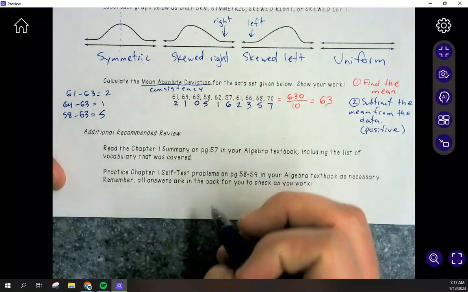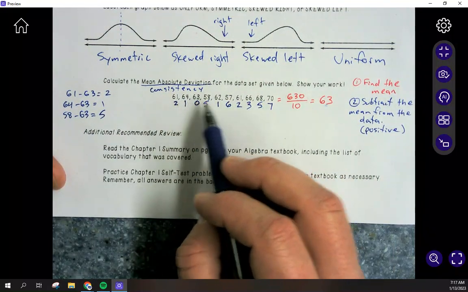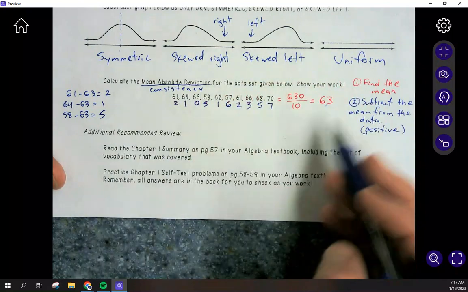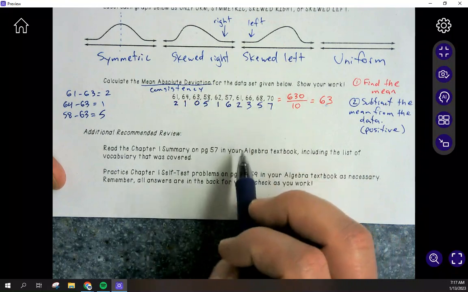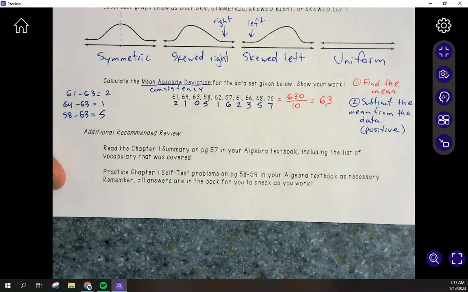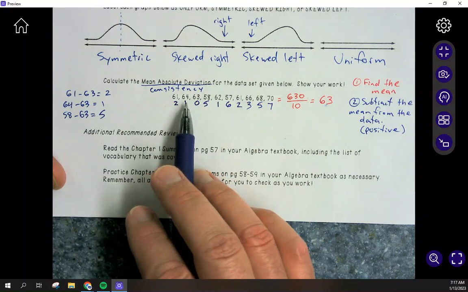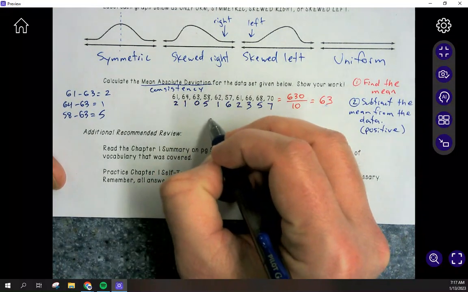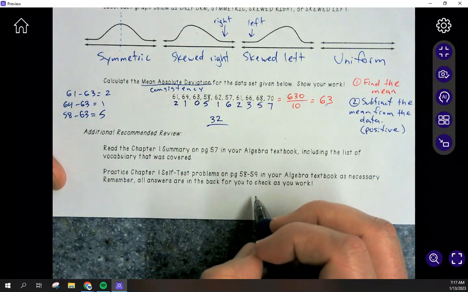So yes, you probably want to show all your work for each one of these, the little subtraction problems. But as you get better at this, something that kind of is annoying and takes a long time to do, we can find ways to do it faster. All right, so then you're going to add all these up. I'm just going to take it right off the key. If I add all of these numbers up here, I get 32. And you now average that out.